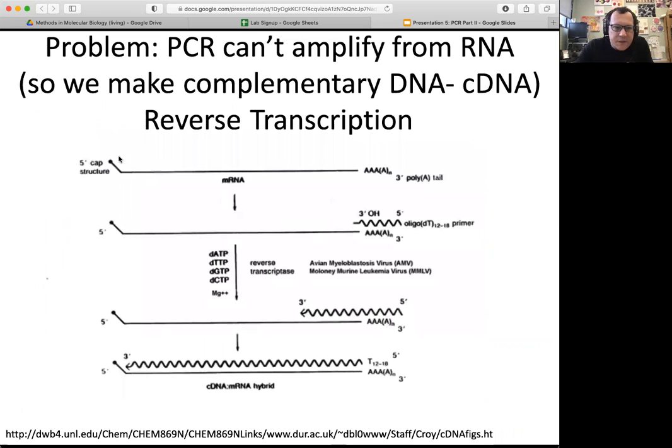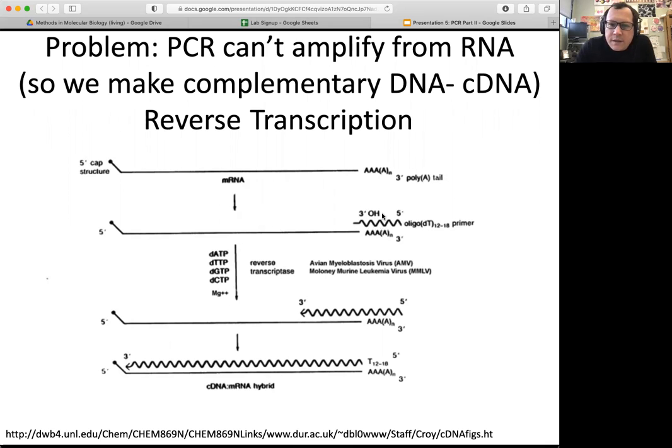Okay, so what do we do? Well, we have this messenger RNA. It's got a cap. It's got a poly-A tail. What we can do is take viral reverse transcriptase, and there are a few different types of reverse transcriptases that have been utilized commercially. We can add a primer, right? Because reverse transcriptase is technically a DNA polymerase, and it requires a primer as a place to start.